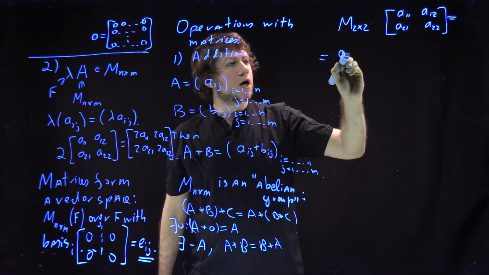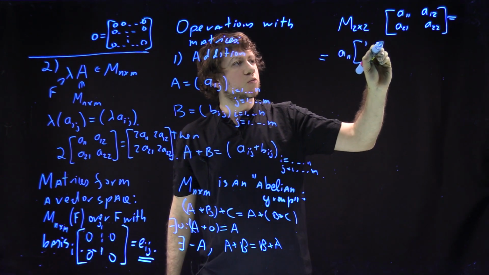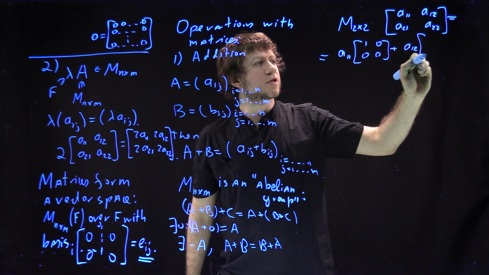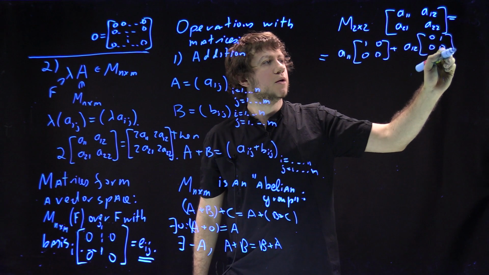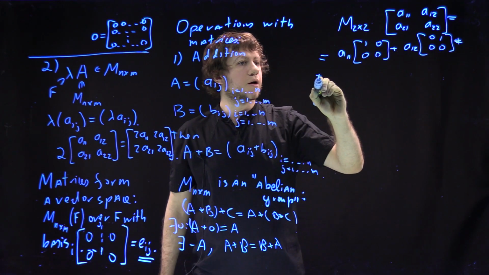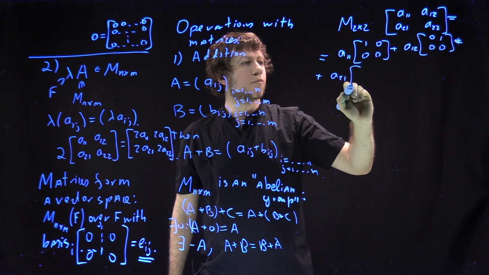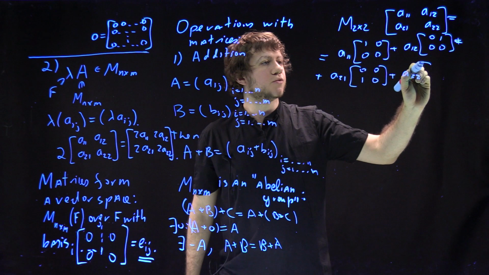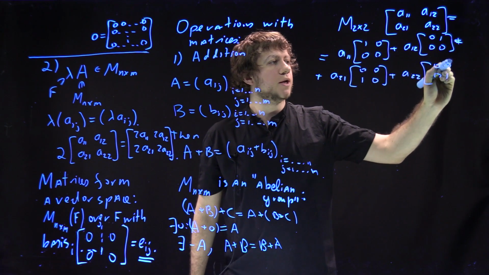This is A11 times the matrix 1, 0, 0, 0, plus A12 times the matrix 0, 1, 0, 0, plus A21 times the matrix 0, 0, 1, 0, plus A22 times the matrix 0, 0, 0, 1.